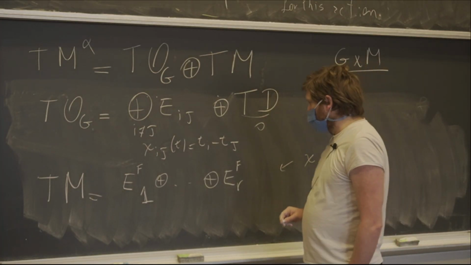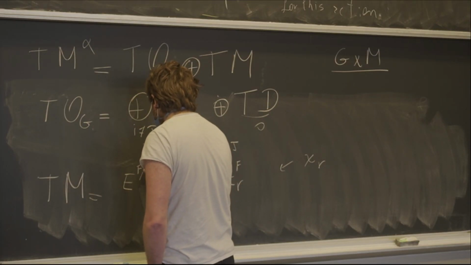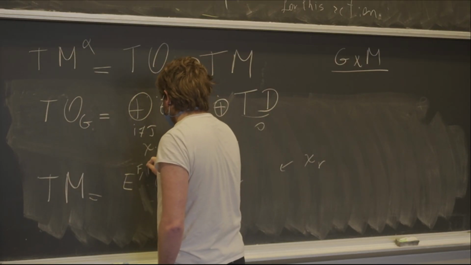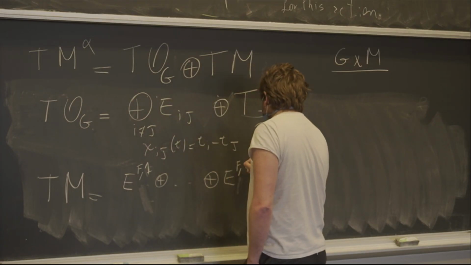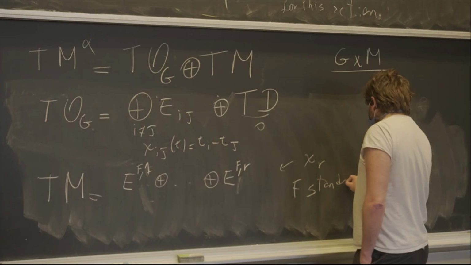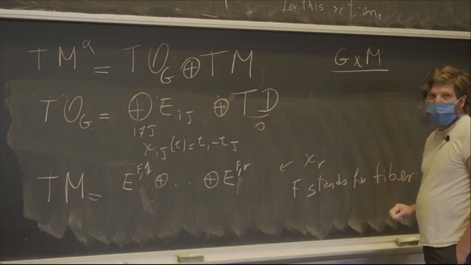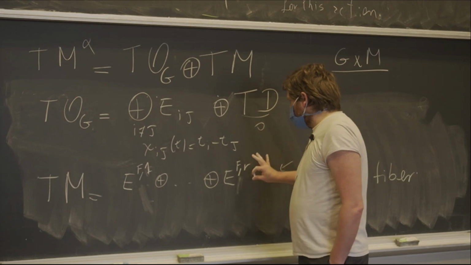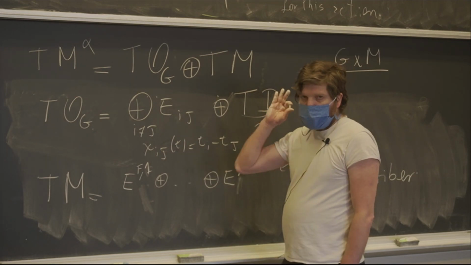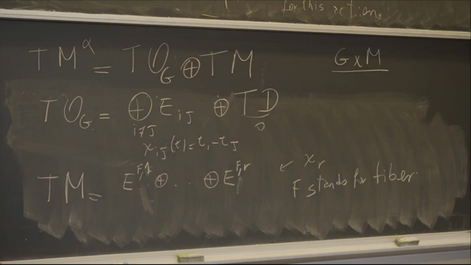And actually, I care more about the coarse guys, where f here stands for fiber. Okay, so it's just to emphasize that these exponents are the guys coming from the fiber of this fibration onto the G moduli.